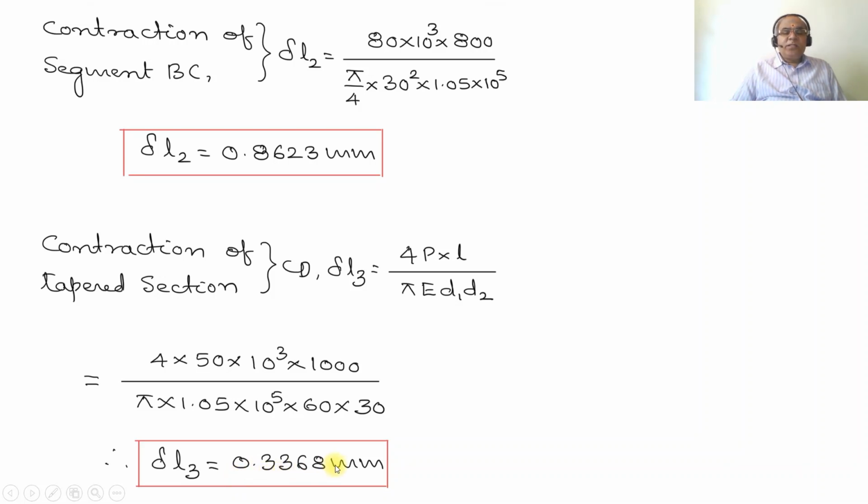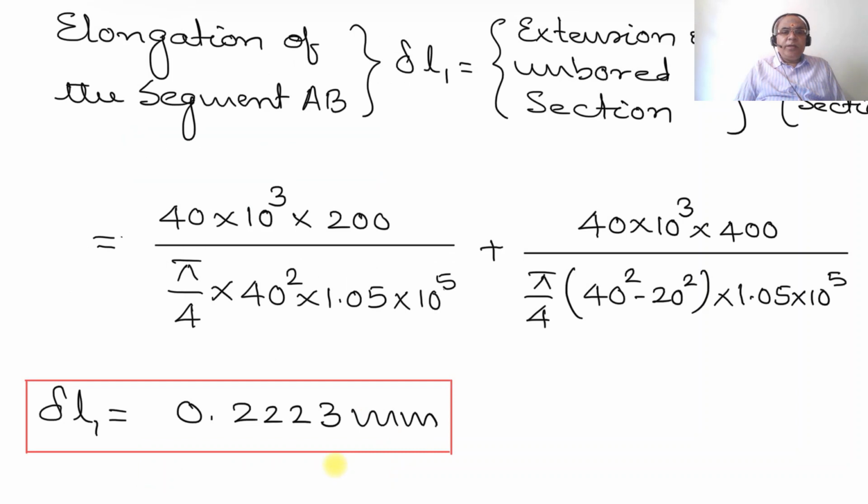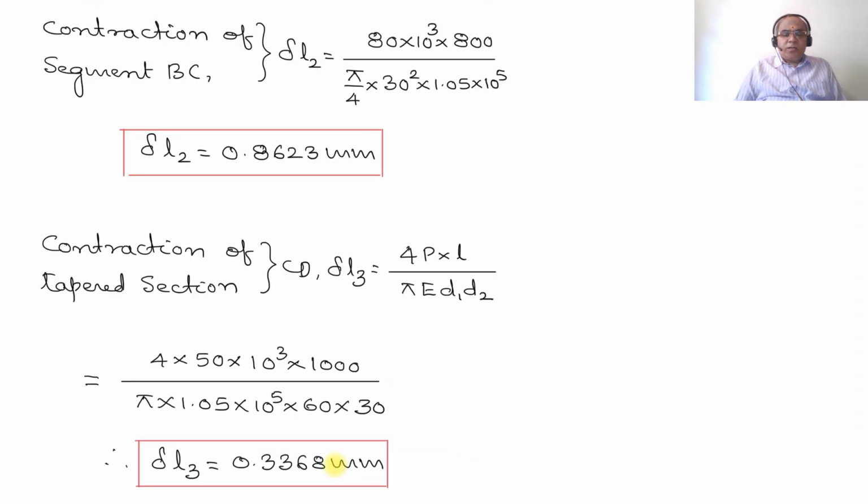Now, what is the requirement? The requirement is to find the total elongation. The total elongation will be equal to the sum of the individual elongations of the segments. That is the elongation of the segment AB in tension, then the contraction of the segment BC, and the contraction in the taper section CD.